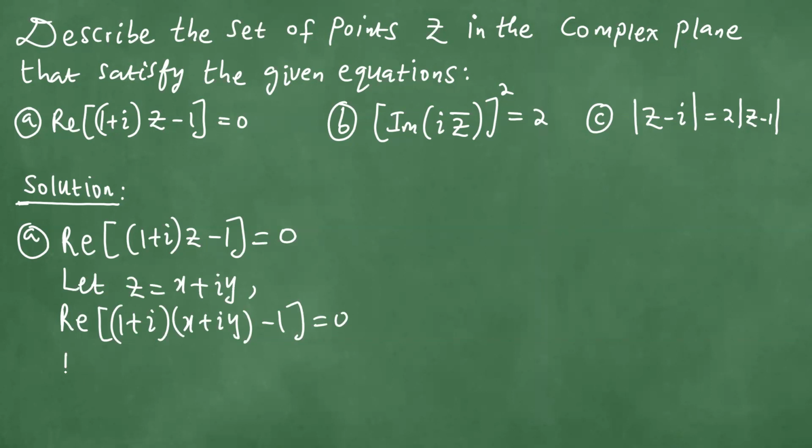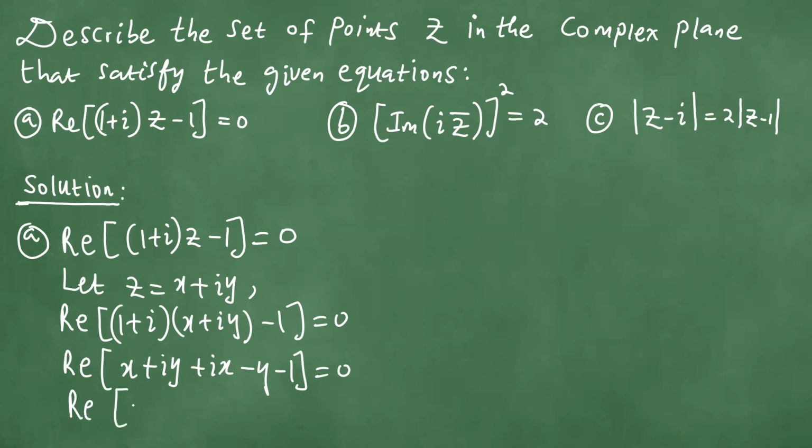So what does this mean? This means we have the real part. If you multiply everything, 1 times x is x, 1 times iy is iy, i times x is ix, and i times iy is minus y, minus 1 equals 0.